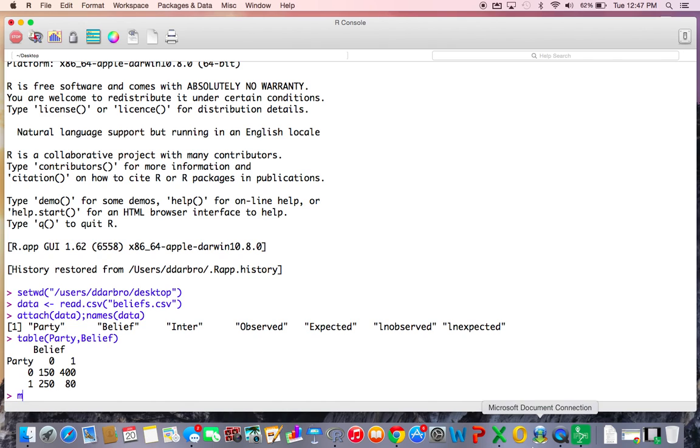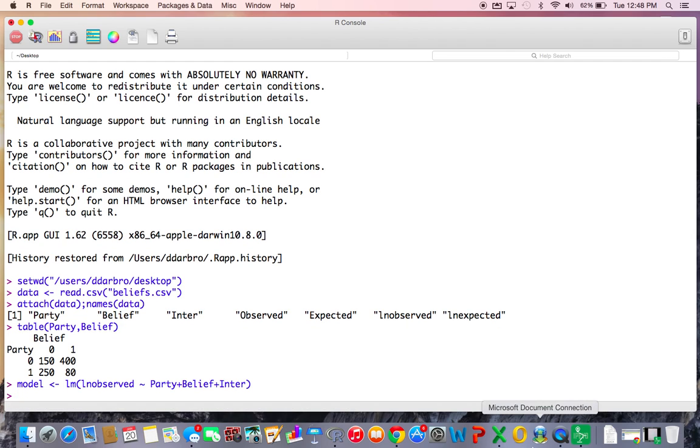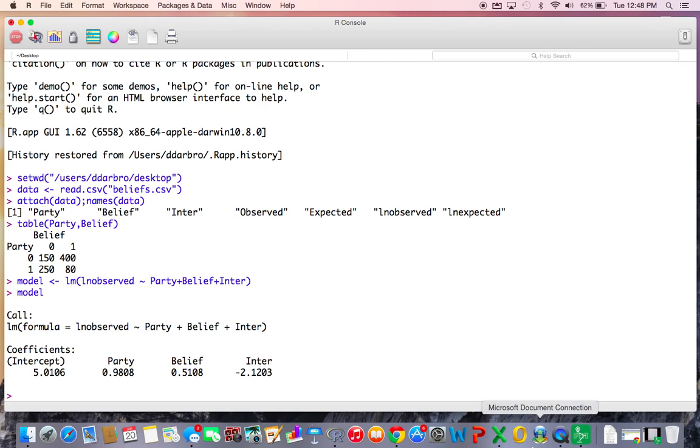So what I'd like to do here is create a linear model of the natural log of the observed as a function of party plus belief plus the interaction.